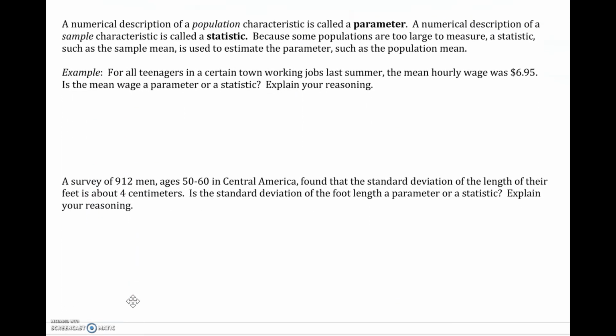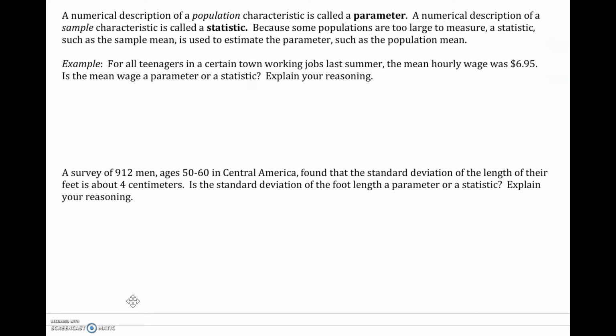A numerical description of a population characteristic is called a parameter. A numerical description of a sample characteristic is called a statistic. I know we talk about statistics a lot, right, as what we are doing. And we do that because, like I said before, it's really hard to actually calculate parameters. Can you count every single piece of information for an entire population? Probably not.